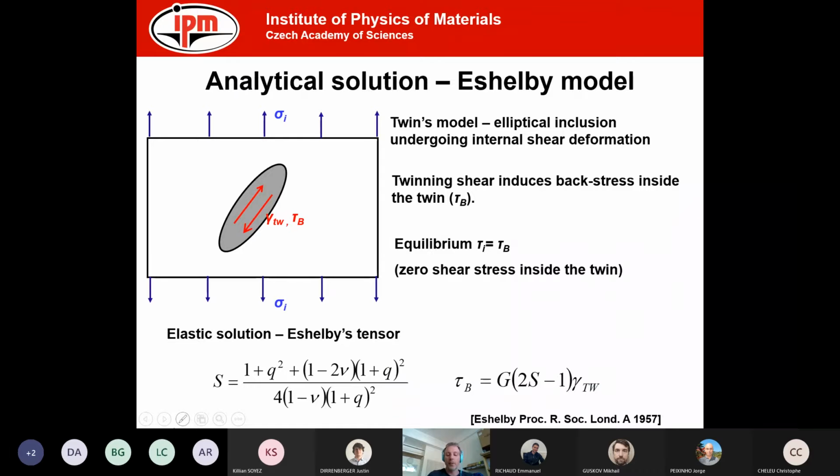And we started first with an analytical solution. So we used the Eshelby model, and it was some basic pure elastic calculation.